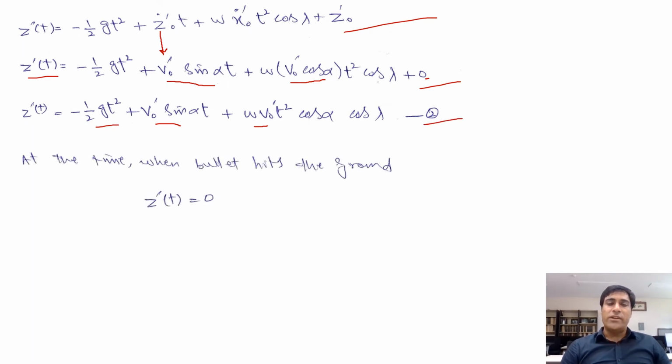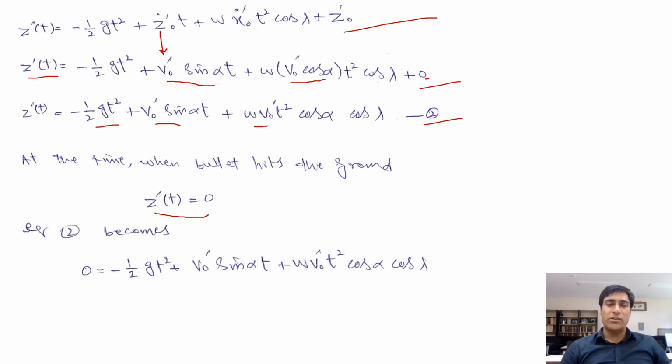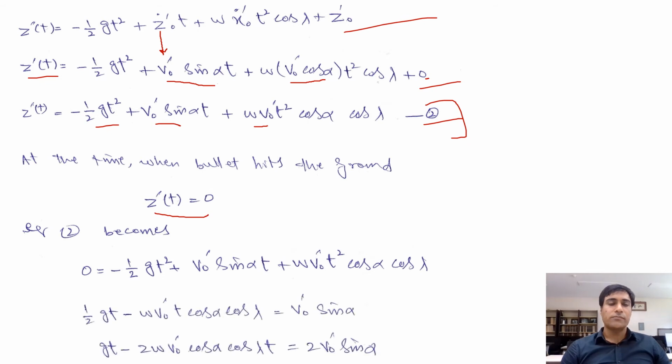At the time when the bullet hits the ground, z dash t should be 0. So equation 2 becomes 0 equals minus 1 over 2 g t square plus v naught dash sine alpha t plus omega v naught dash t square cos alpha cos lambda. With simplification we get g t minus 2 omega v naught dash cos alpha cos lambda t equals 2 v naught dash sine alpha.